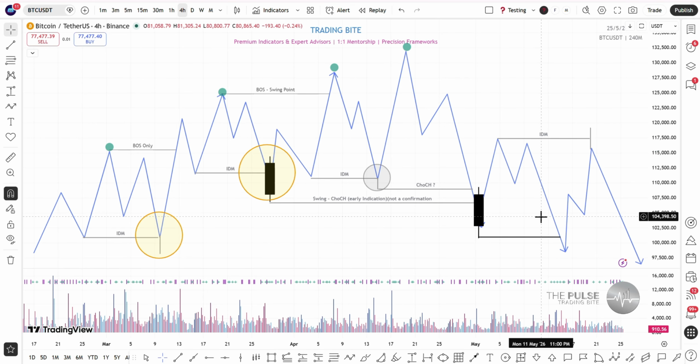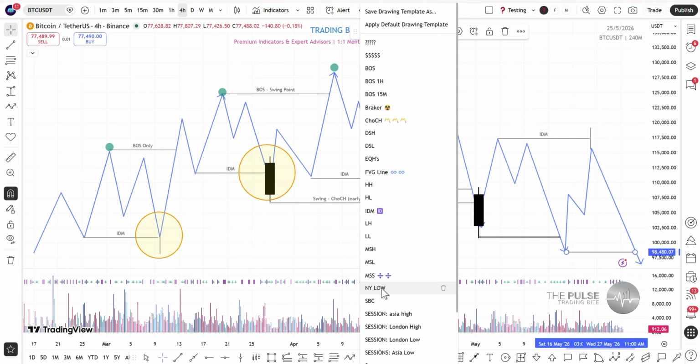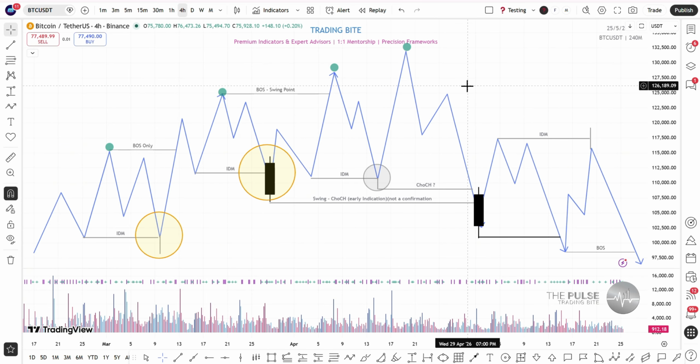Here the market has taken this inducement with a wick, and then the market closed right under this level, and this becomes a break of structure right here.